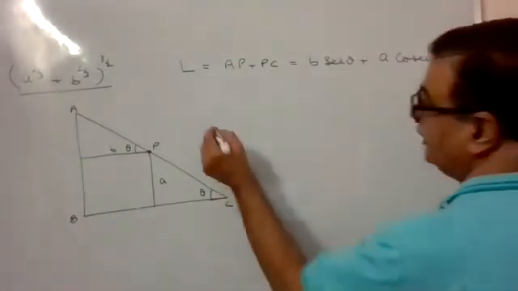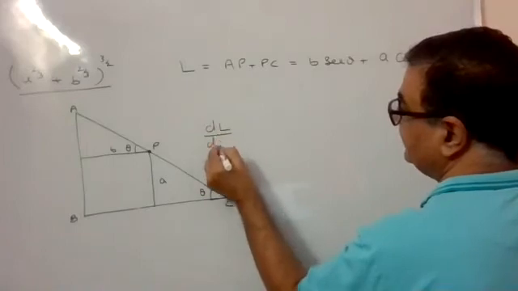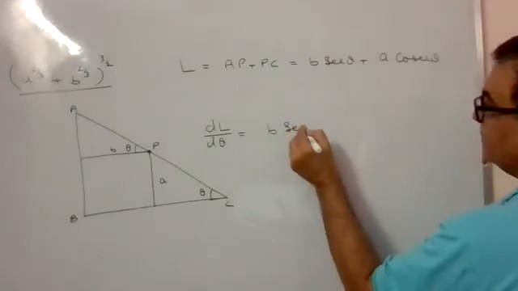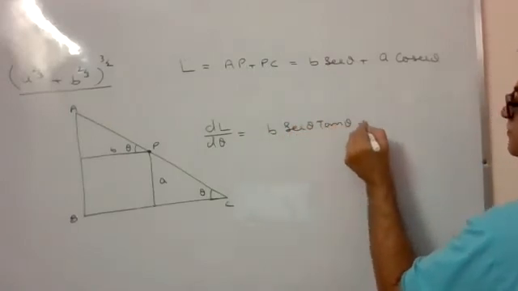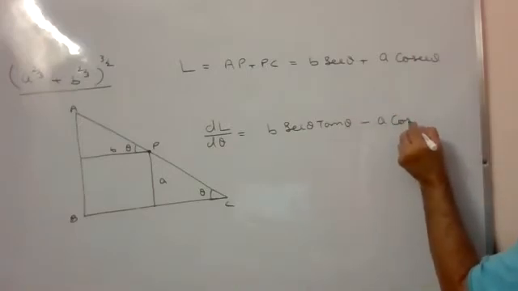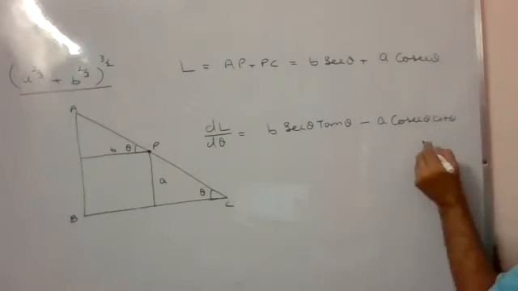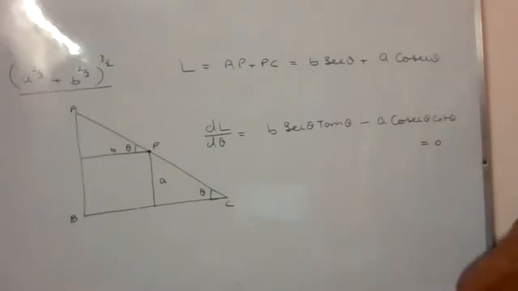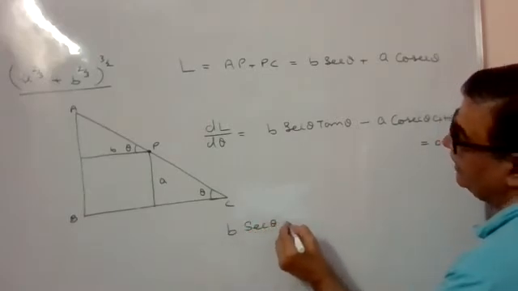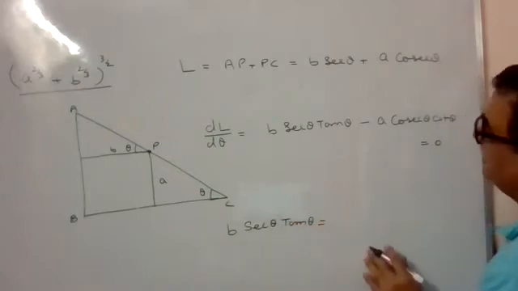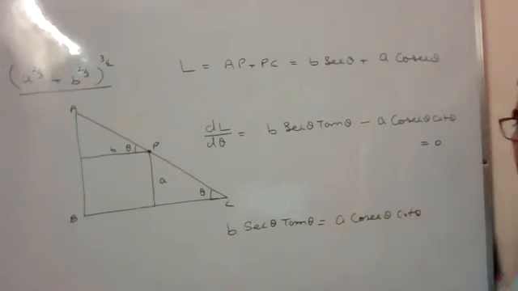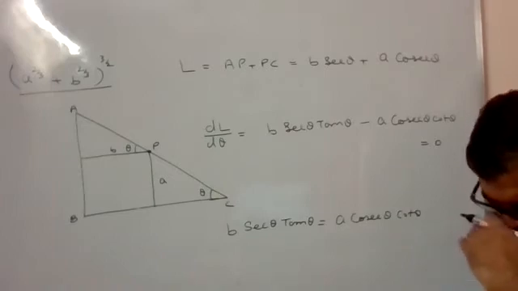To get this minimum, first I say dl by d theta equals B sec theta tan theta minus A cosec theta cot theta, which should be equal to 0. Then B sec theta tan theta is equal to A cosec theta cot theta.